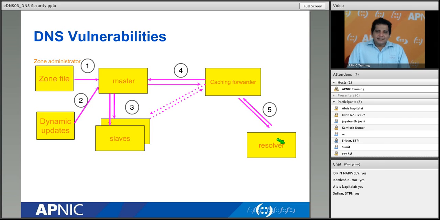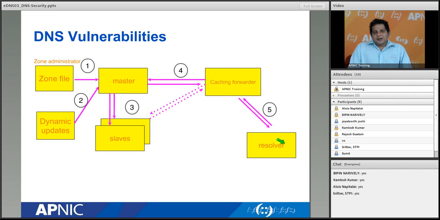Until that TTL expires. So until that time, when the resolvers come, the caching servers answer from the cache, whatever the contents in the cache. So you can see there are lots of data flows in our DNS infrastructure. Okay, that's what we have, these numbers.